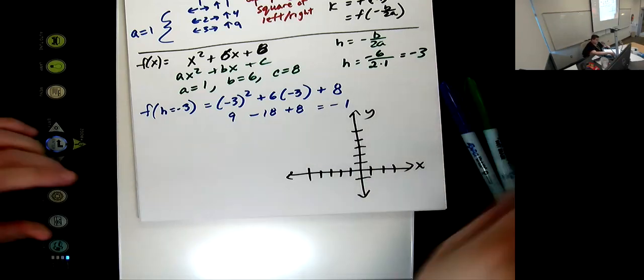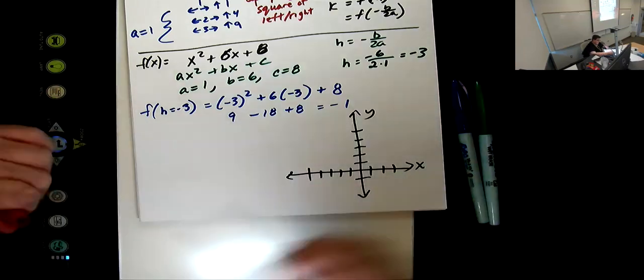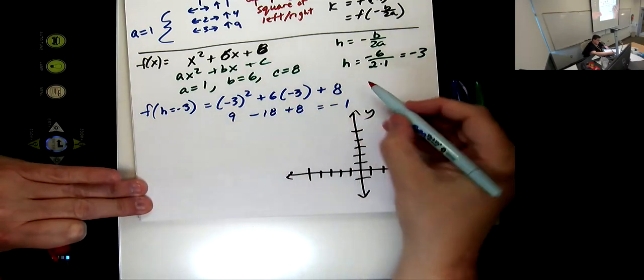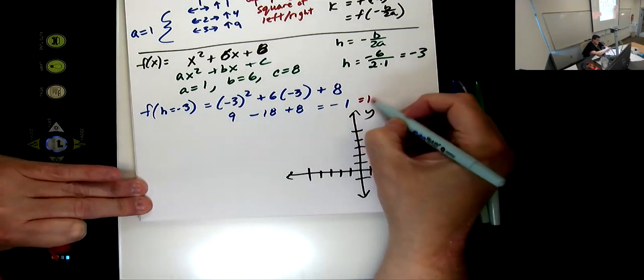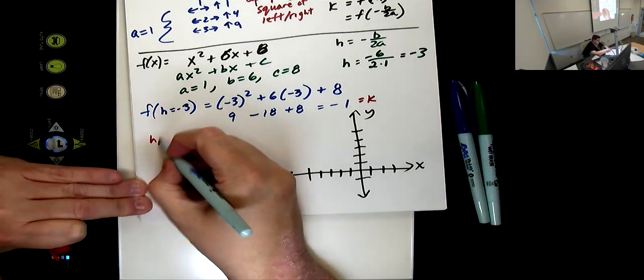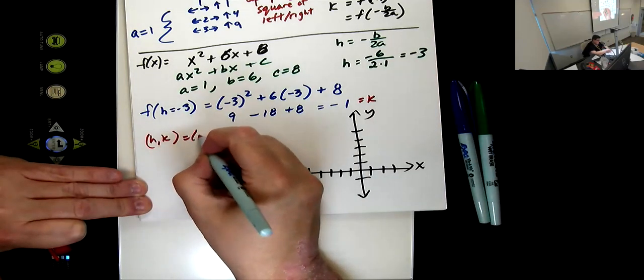So our vertex is at (h, k), this is my k. (h, k) is (-3, -1).